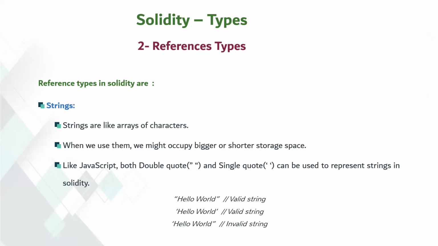They are dynamic arrays that store a set of characters that can consist of numbers, special characters, spaces, and alphabets. Strings in Solidity store data in UTF-8 encoding, and like JavaScript, both double quotes and single quotes can be used to represent strings in Solidity, as you see here. We have here a double quotation and here a single quotation.